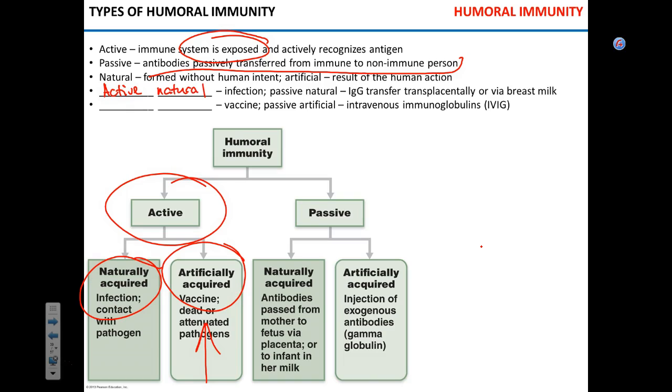Okay? Vaccine, as we discussed, active, artificial. Now, what is passive natural? Yes, you can consider transplacental, yes. Milk, yes. Mother to a child. That's pretty much the only example.